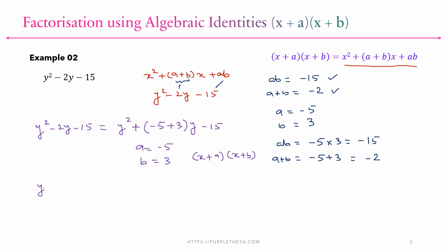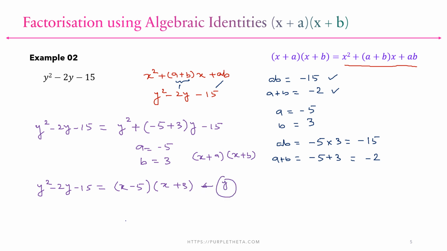So y square minus 2y minus 15 is equal to x plus a, at the place of a I will put minus 5, that is x minus 5, and in the second bracket x plus b, that is x plus 3. And in our example it's not x but it's y.